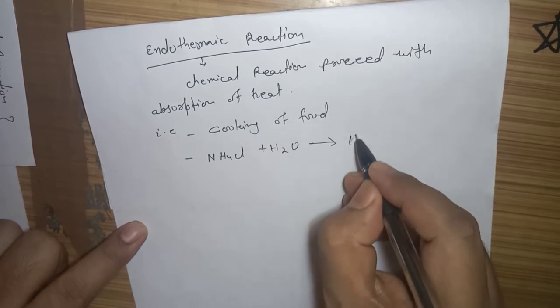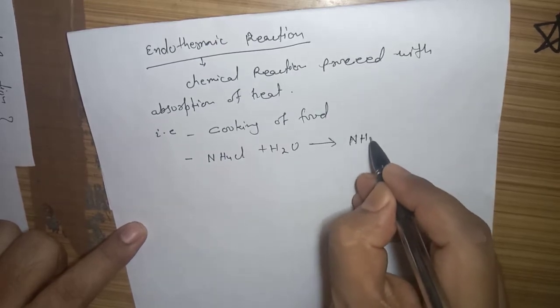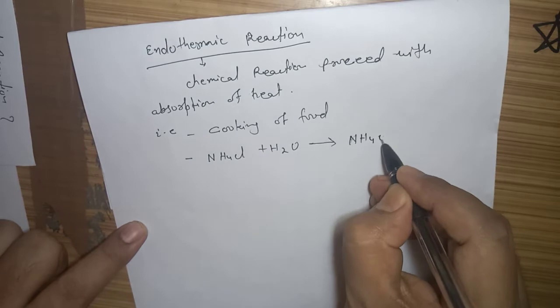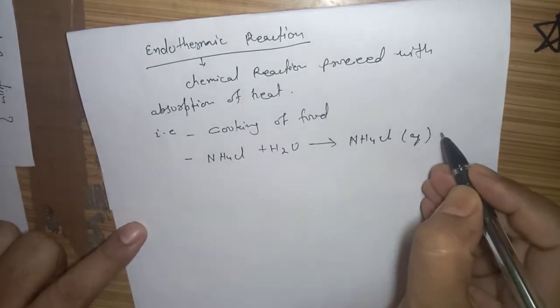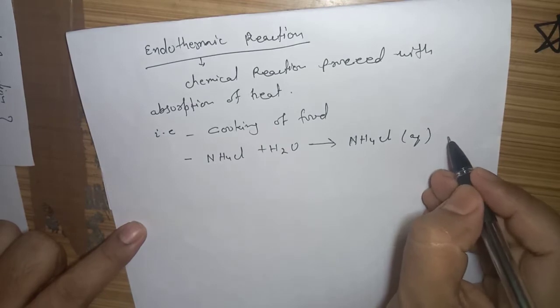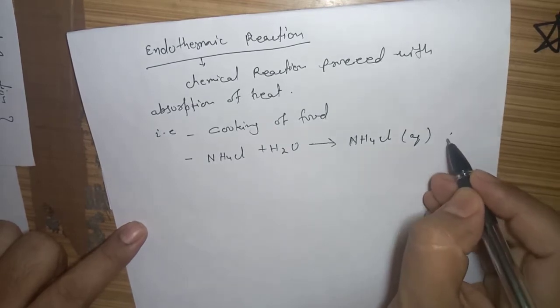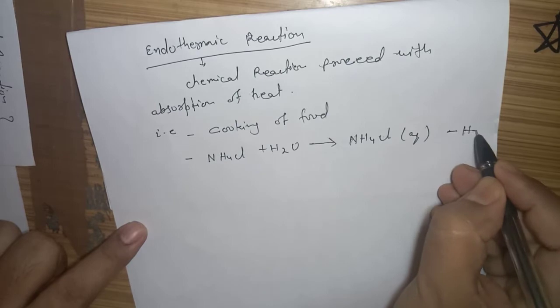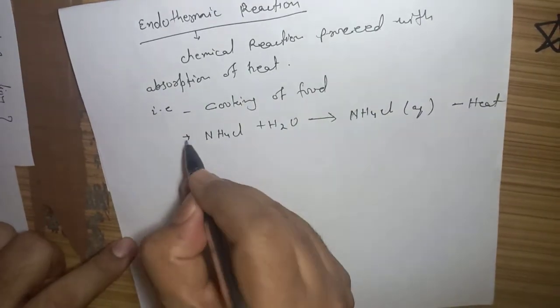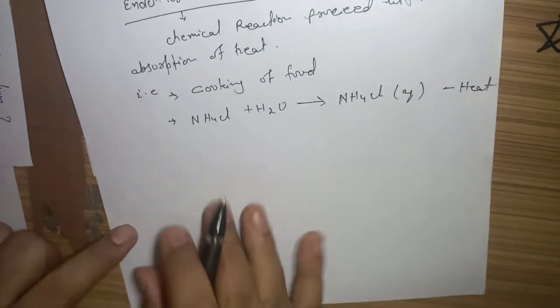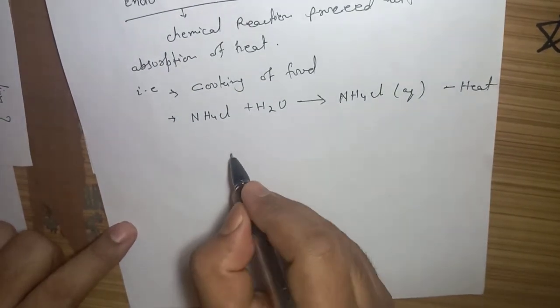Here the NH4Cl is in an aqueous state, and obviously heat is taken in. So this is how we can understand endothermic.